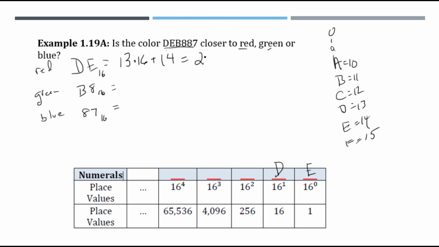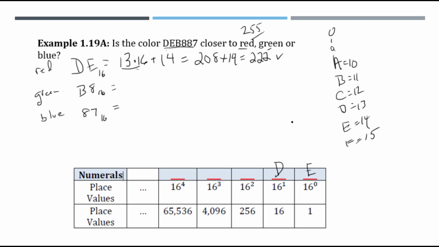And how did I do that so quick? Did I multiply that in my head? No, I cheated. I used a calculator on the side. So that's 222. That's a lot of red, because 255 is the max.